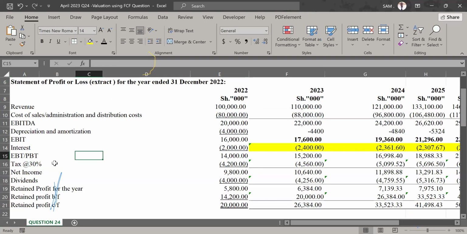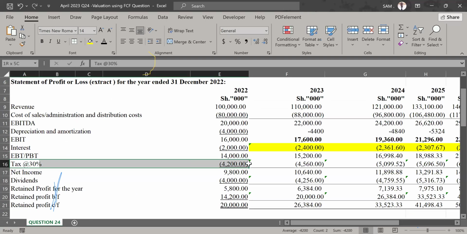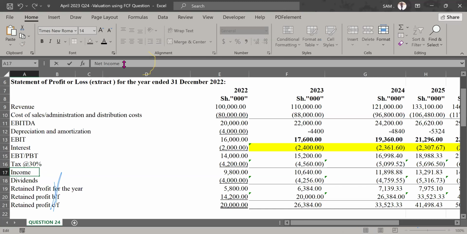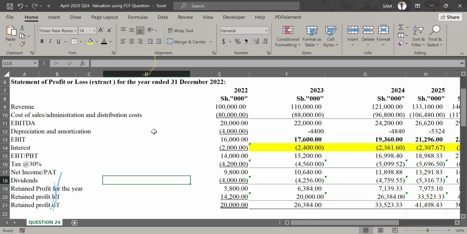Look at this: tax is already charged on that earnings before tax. So this net income, in other words, you can call it profit after tax. That is simply what it means. Net income is actually profit after tax. It is a profit after we charge the tax.